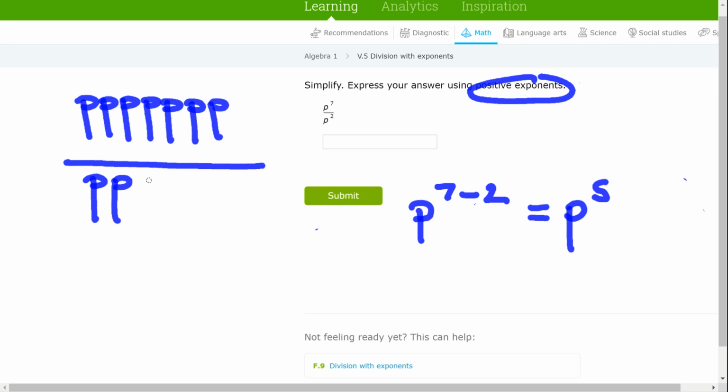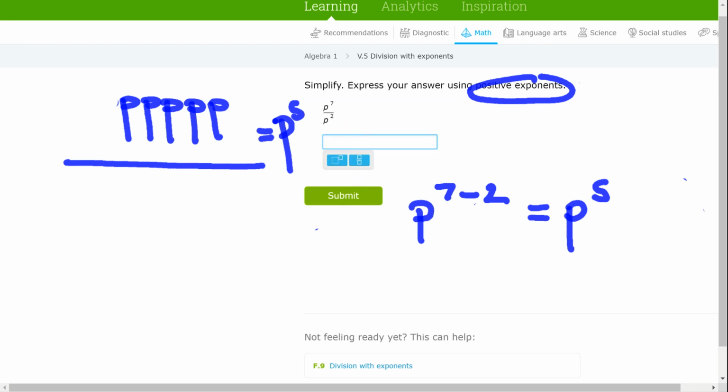Now, if I took that eraser that I've been struggling with and I erase this p, and then whatever you do to the bottom, you have to do to the top, and then erase what they have in common, just like that, you would find out that we have now 5 p's on top, which goes to the p to the 5th. So if you just type in p to the 5th, you'll get the right answer.